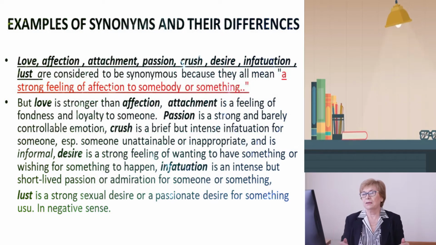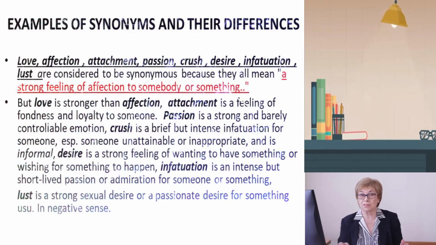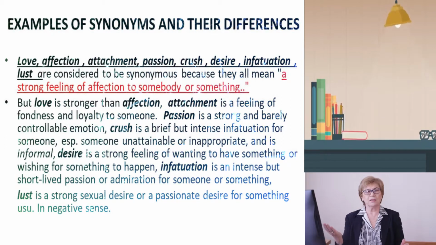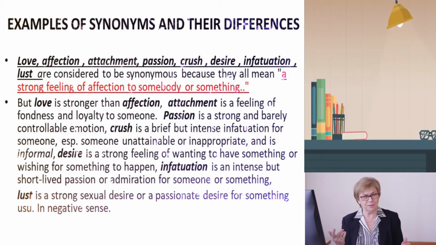And here, all words denote a strong feeling of affection to somebody or something. But look at the number of words, and again, I repeat, this list is not exhaustive.